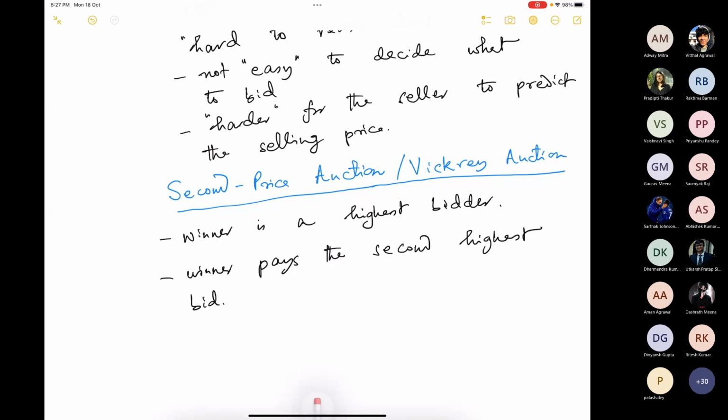What is the second highest bid? You remove the winner from this set and look at all other bids and take the maximum, because the winner is the highest bidder. So the second highest bid is the highest among all the non-winning buyers.